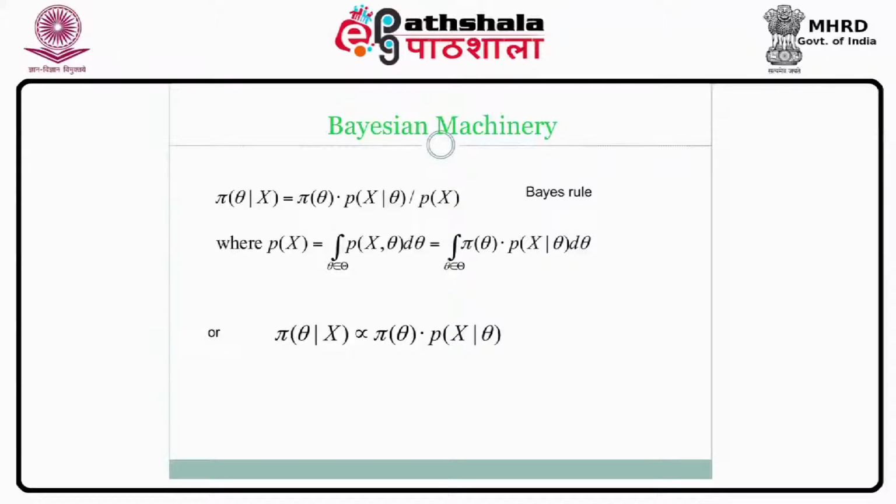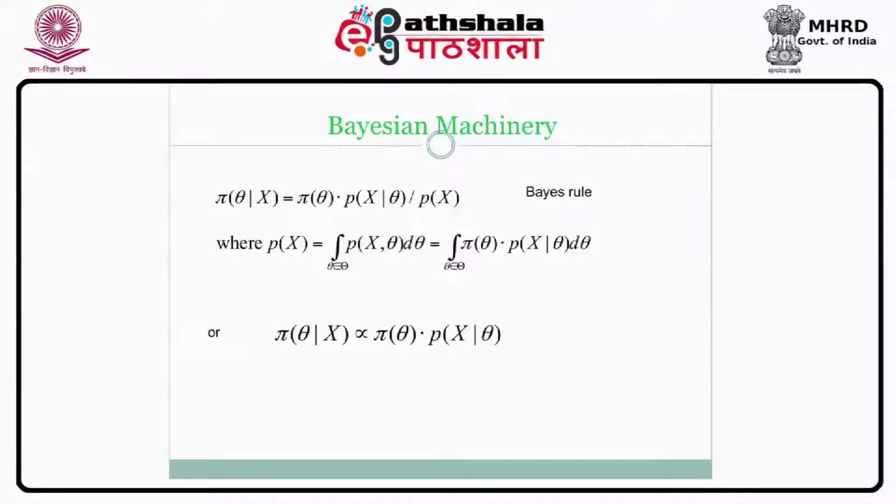If you integrate the joint density of the prior and the likelihood over the distribution of theta, you ultimately get the marginal density of the data. So from Bayes' theorem, you can say that pi(theta | data) is proportional to pi(theta) times the likelihood p(x | theta). The reason I say proportional is that the marginal density, which is a function of the data, can be kept constant here because we are interested in pi(theta | data). All right.